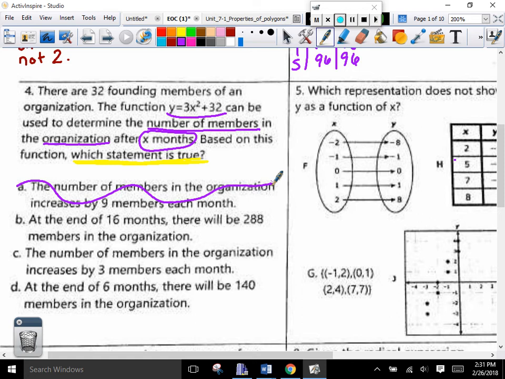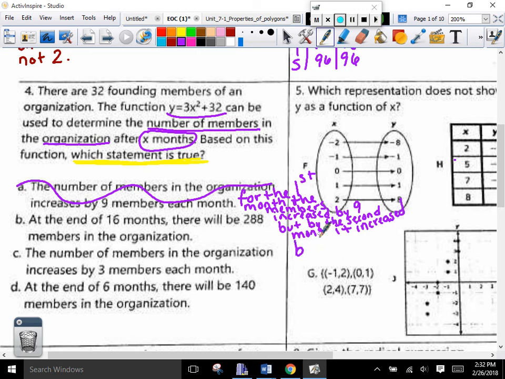So my explanation can be: for the first month, the members increased by 9, but by the second month, it increased by how much?